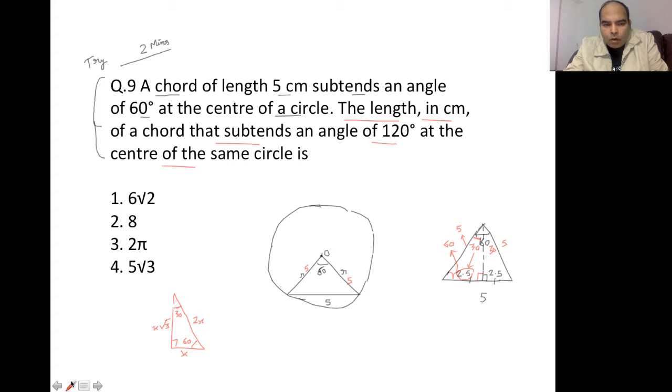So if I have a chord, let's say we draw this chord on the other side, and this chord is subtending an angle of 120 degrees at the center.